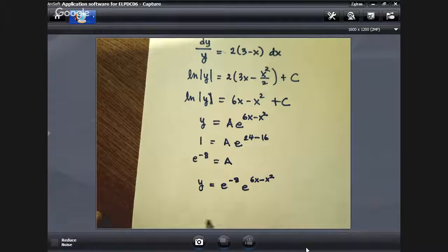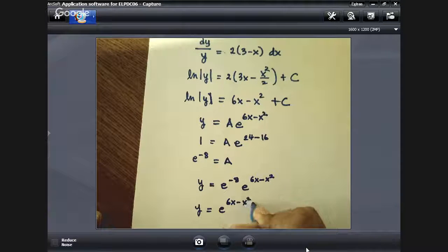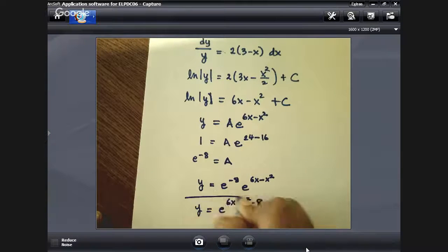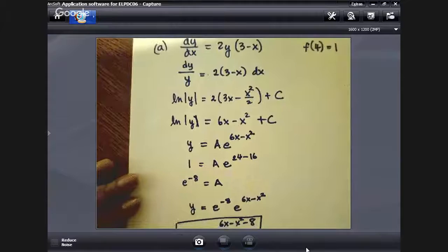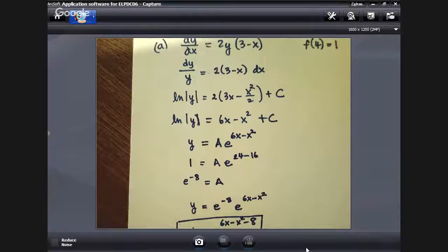You can leave it like that. I'm going to just write e once. So e to the 6x minus x squared minus 8 is my solution. Differential equations like this are usually worth 5 or 6 points.